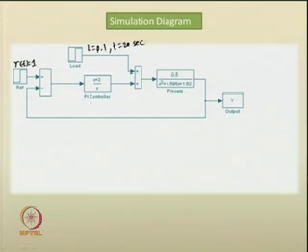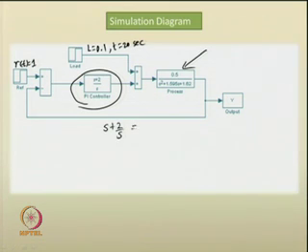Now, the PI controller we have designed for the given process is (s plus 2) upon s. Can (s plus 2) upon s be expressed as 1 times 1 plus 1 upon 0.5 s? No, in this case it will be different.